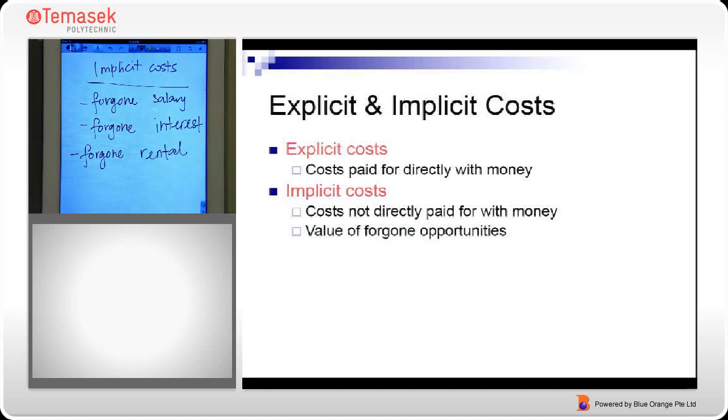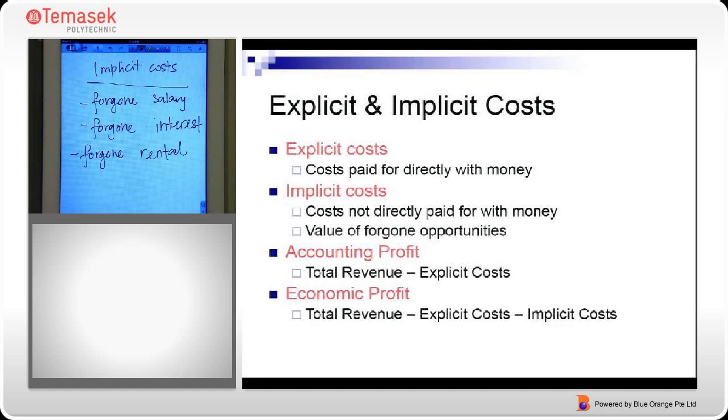These are the usual implicit costs that we will encounter. And we make use of explicit and implicit costs to do our calculation for accounting and economic profit. So that is for output and costs.